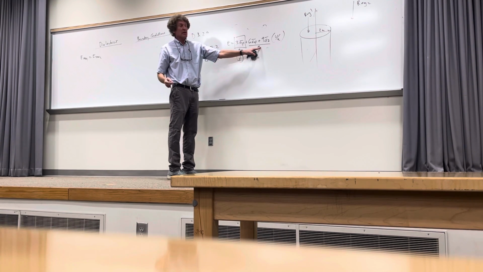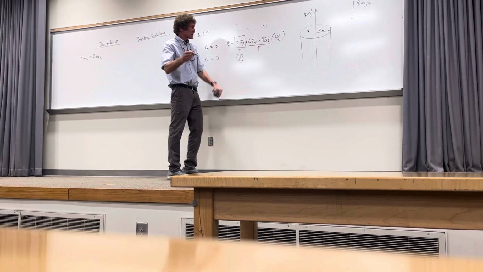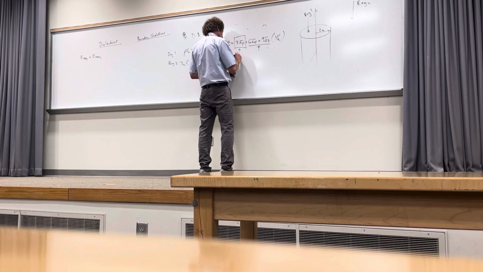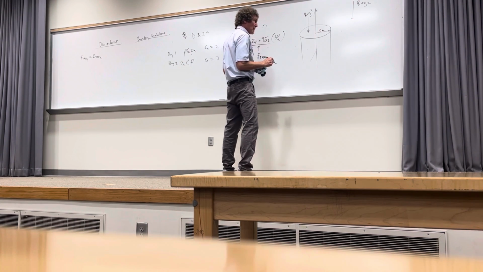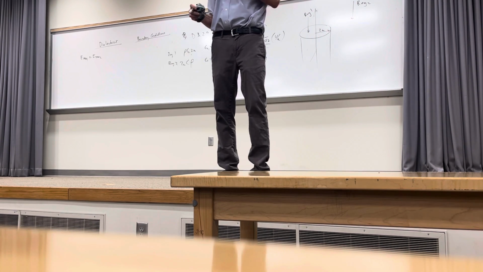Z is obviously tangent, right? Phi is tangent too. So this is the tangent component. Therefore, this is E normal in region 1, and this is going to be E tan in region 1, right? Now, what do we know about the tangent component across any two surfaces?